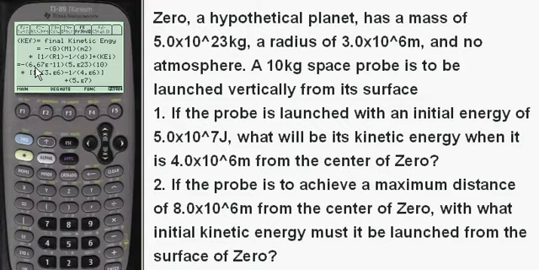And we enter the variables that we entered. Here's the G, the gravitational constant, major planet's mass, probe's mass, the radius, the distance, and the initial kinetic energy. Now we're going to multiply this together and do the calculations just as you would on your paper if you were doing it by yourself.